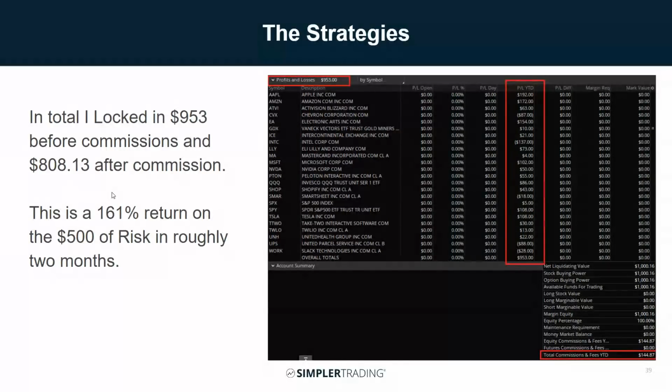I paid myself, started once again with the 500, took the profits off. And so it just goes to show you that you can consistently make these profits here and still be able to grow the account. And, not everyone was a winner, right? For example, what was this? Chevron, I think it was, right? CVX.